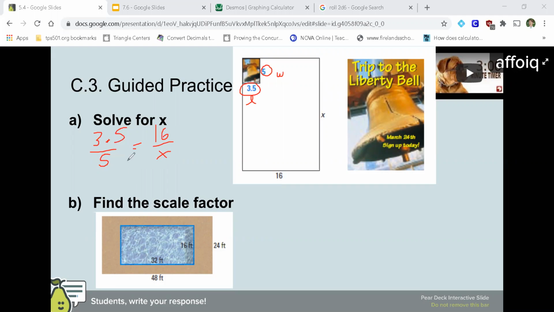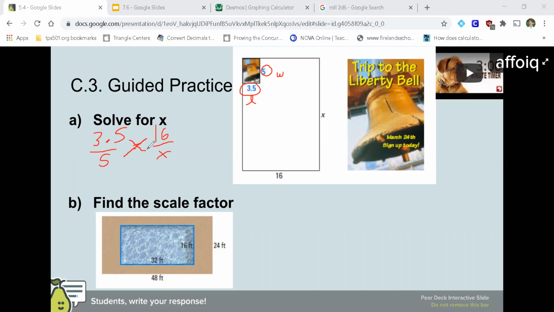You could have done width over length. You could have these flipped right now, and you would be perfectly okay. You could have done 3.5 over 16, length over length, and then compared 5 over x, width over width. That would be cool too. You just got to pick a method, write it down, because once you have it written down, I think you can finish this out.